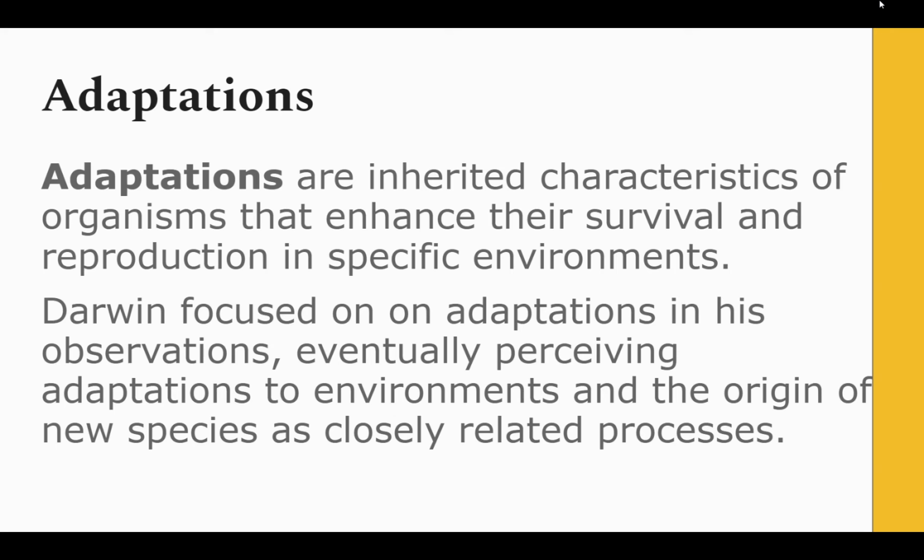That being able to adapt to your environment and change could lead to new species, especially if one species were split into two different environments and exposed to two different types of pressures.